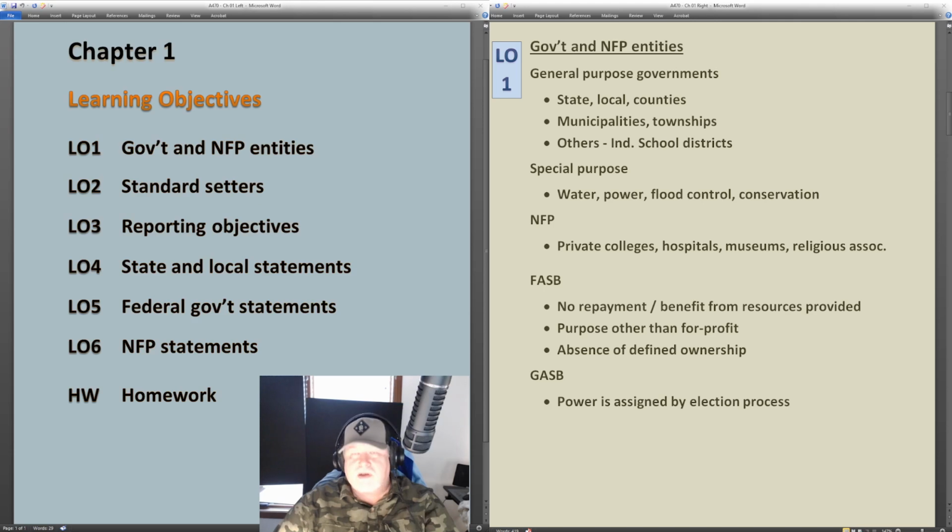When we talk about regular for-profit entities, shareholding and stockholding is a big part of the accounting we do, and that is not present with government and not-for-profit entities. So looking at these three, the first is that they're not normal customers: people who give to not-for-profits are not expecting benefits directly to them. The second is that there's not normal profit.